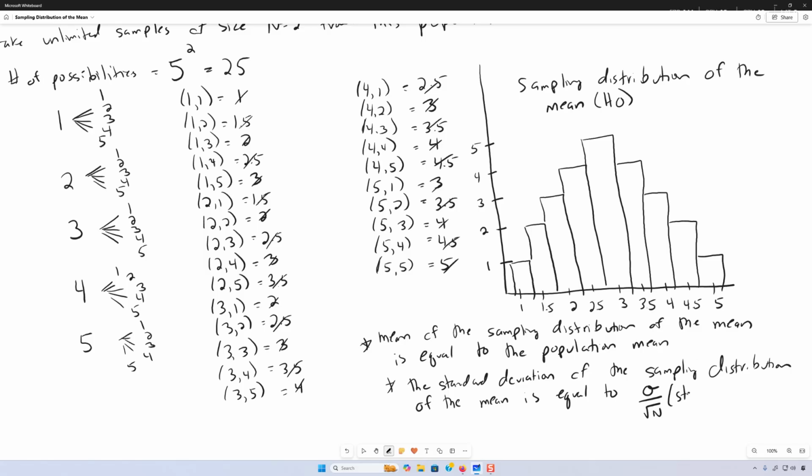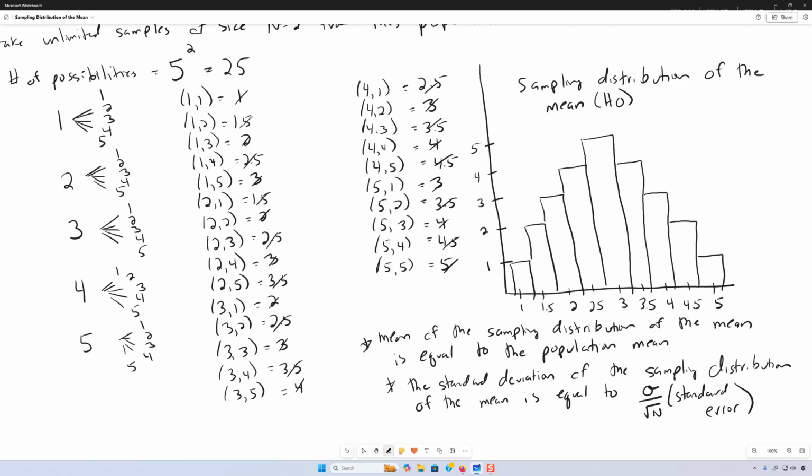This thing is called the standard error of the mean, or just standard error. So as you can see here, the standard error is always going to be smaller than sigma, the standard deviation of the population, because sigma over radical n is going to be smaller than just sigma, unless n is 1, in which case you don't have a sample. You have one individual score, right?